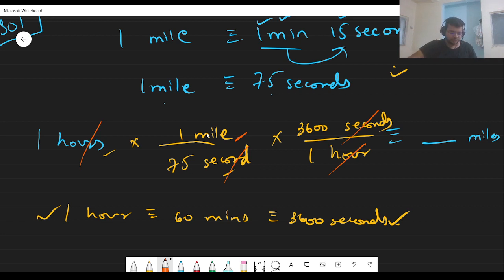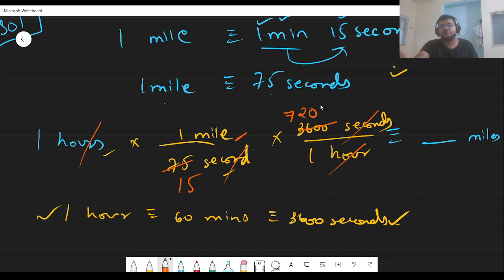Now we can do the further calculation. What will be the calculation? We just solve 3600 divided by 75. What will be the answer? We can start solving it. 5 15s are 75, and it will be 5, 720.